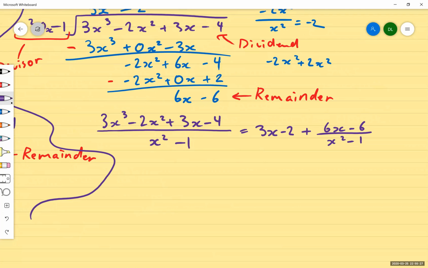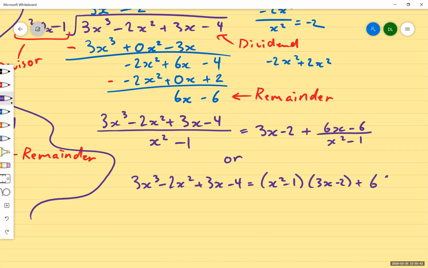Or we can rewrite this as 3x cubed minus 2x squared plus 3x minus 4 equals x squared minus 1 times 3x minus 2 plus our remainder. Oops, there's no bracket there.